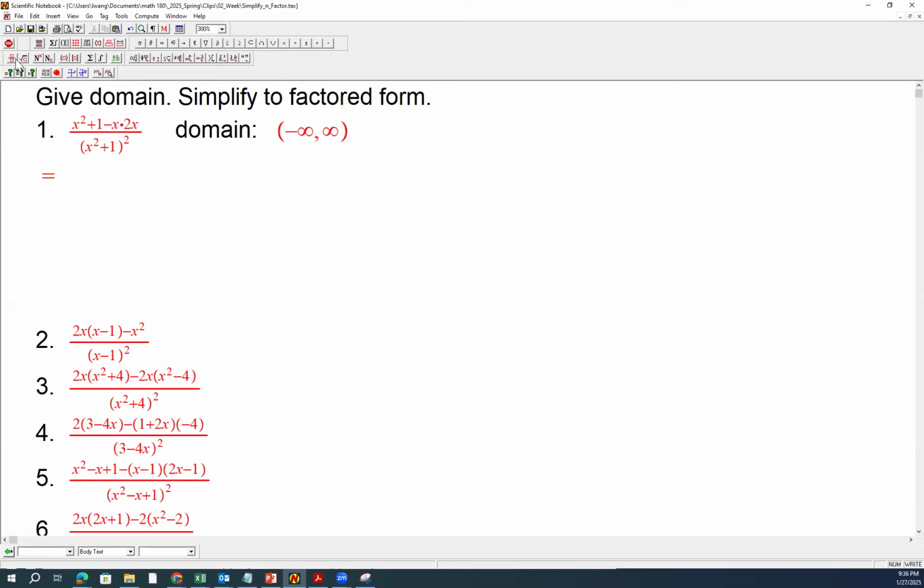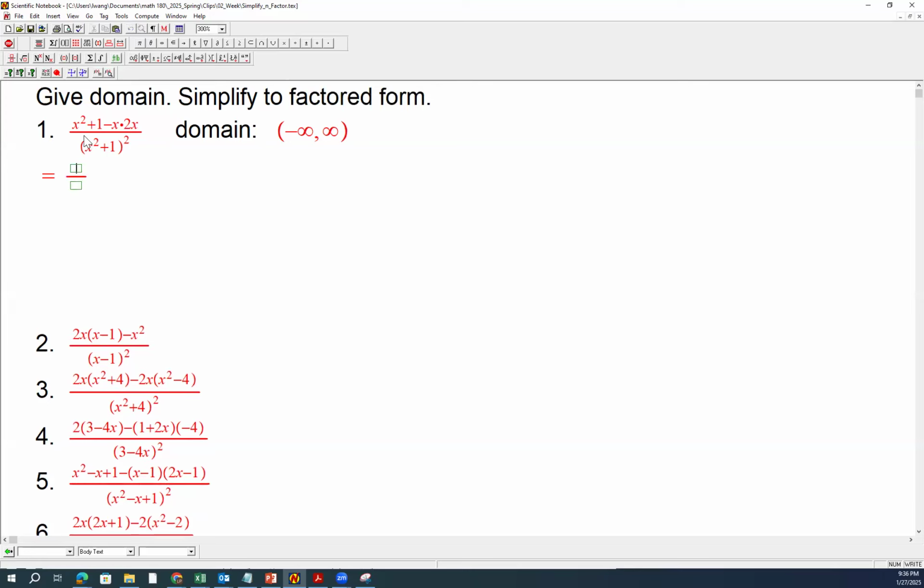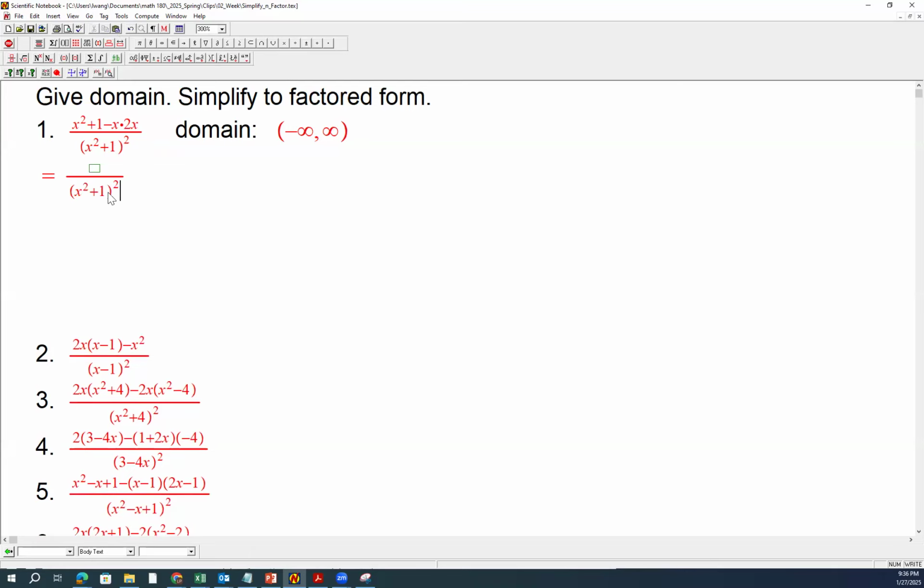Okay, so I'm going to show you what we mean by it. The denominator is already written down, right? Nothing to be done. Then we're going to work on the numerator, x squared plus 1, and x times 2x, that's minus 2x squared.